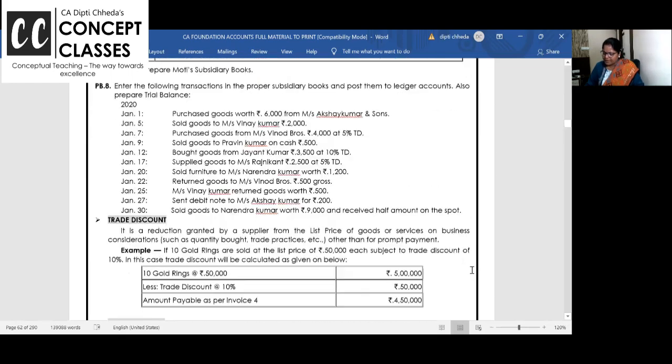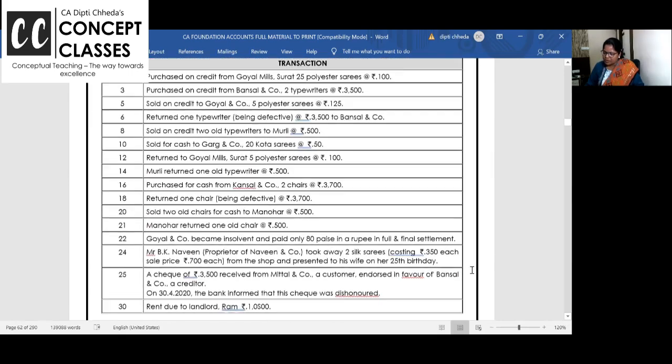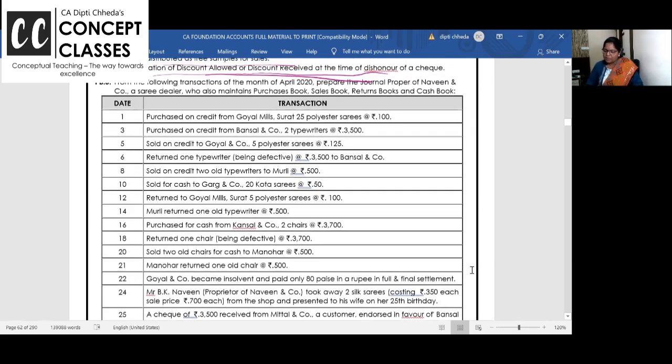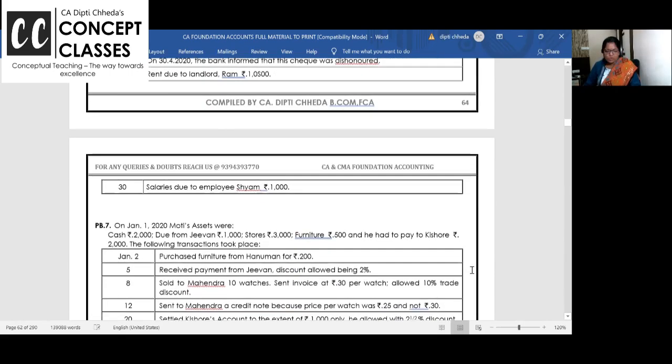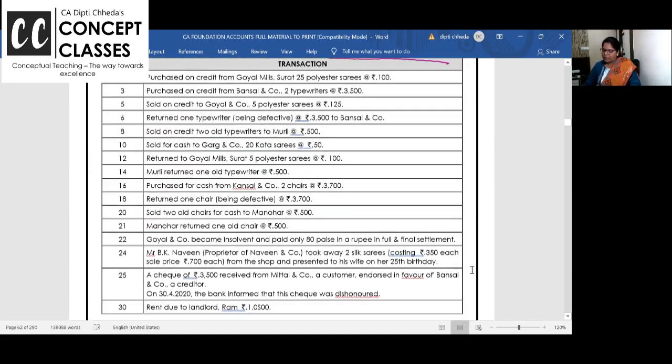Okay? Right. Now we will do one thing. We will first record problem number 6. Following transactions are recorded in the books. They are already maintaining separate books. Now, they have asked you to record only journal proper here.